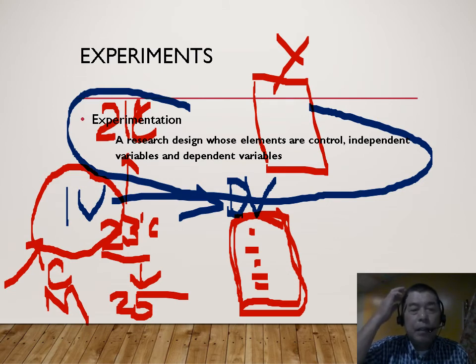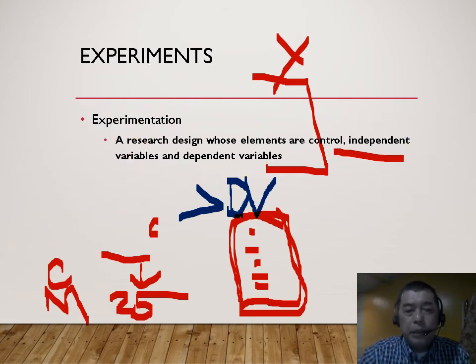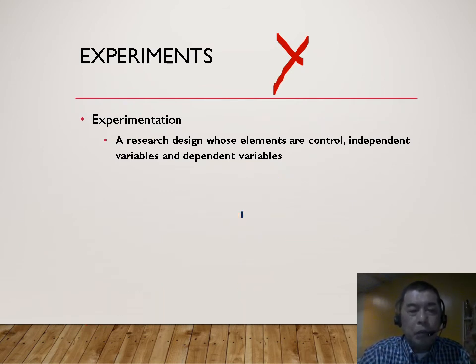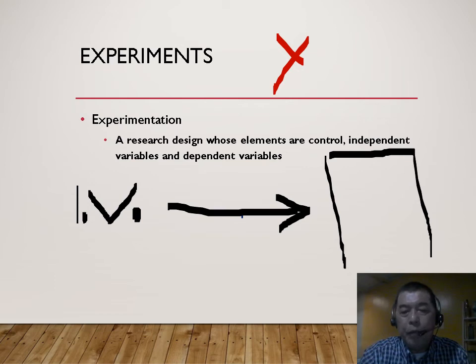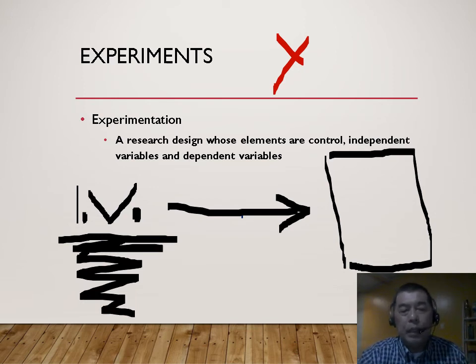Okay? All right. So, again, there is the independent variable and the dependent variable. Right? Just remember, the independent variable is the variable you are controlling or manipulating, while the dependent variable is the one that is going to have an effect because of the control manipulation that you did with the independent variable.